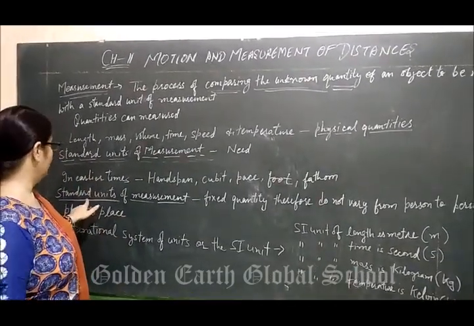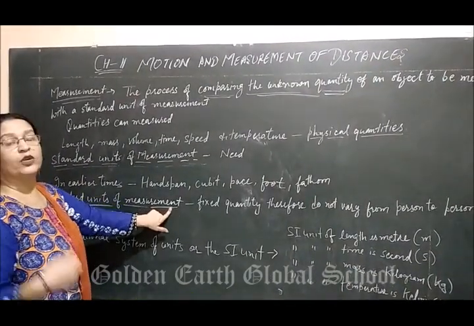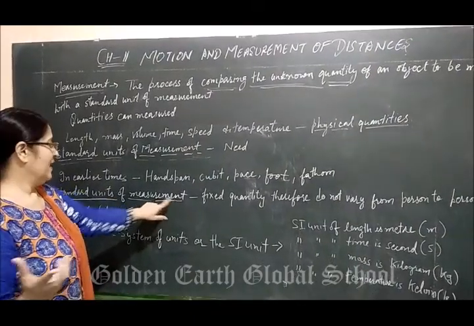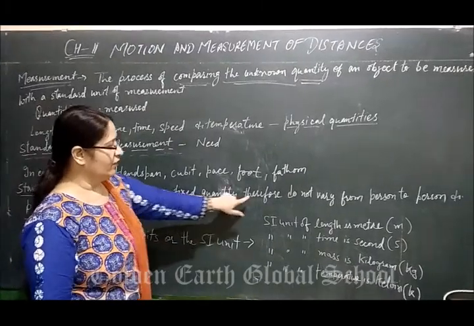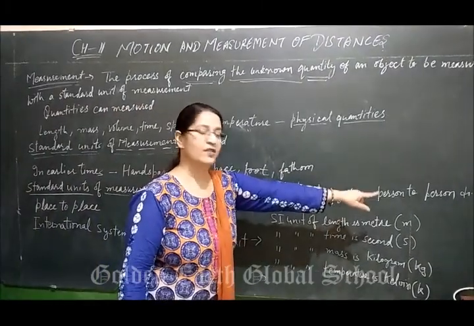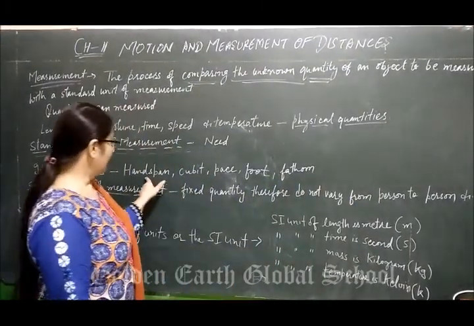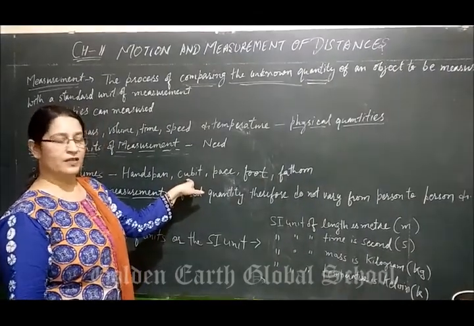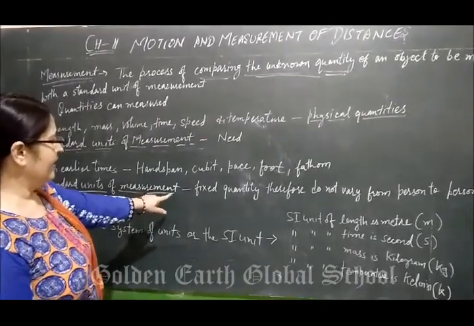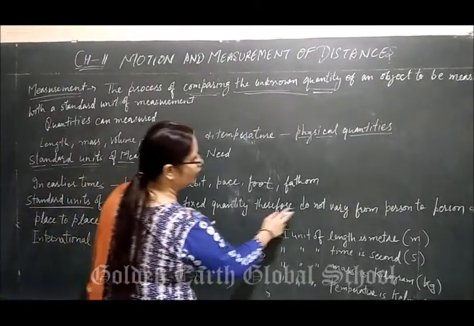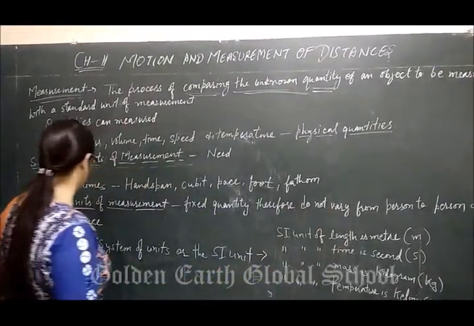Now we are talking about the standard unit of measurement. What do you mean by standard unit of measurement? Standard unit of measurement means a fixed quantity, which does not vary from person to person.